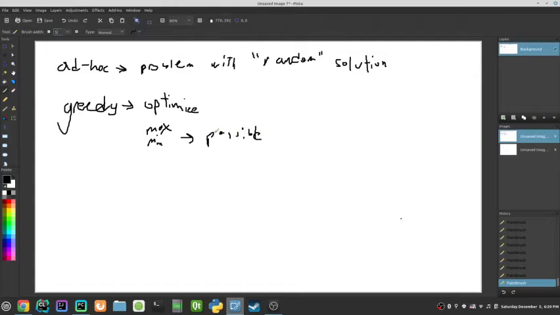That's the main use case of greedy. Greedy pops up on a lot of problems, so it is very wise for you to learn. Anyway, on to the next topic.